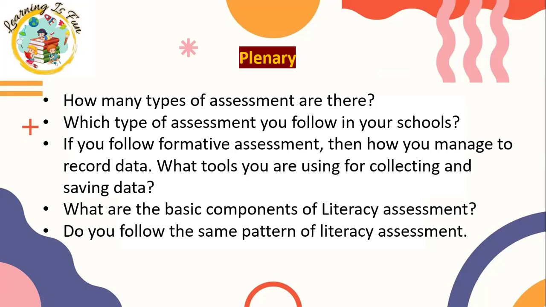G class, anything you want to ask? There are a few questions over here in front of you. Do you want to answer them? Please do, or anything you want to discuss regarding these questions, you can ask me. Or tell me how many types of assessments there were?